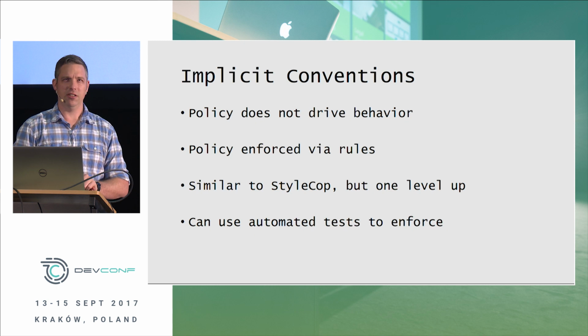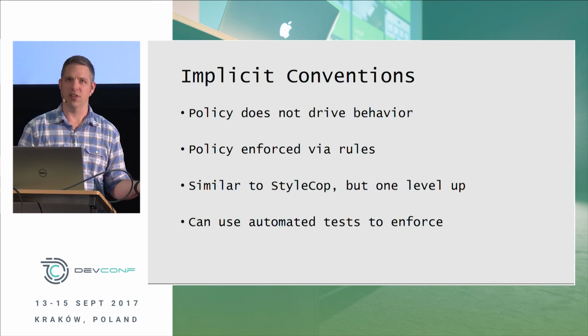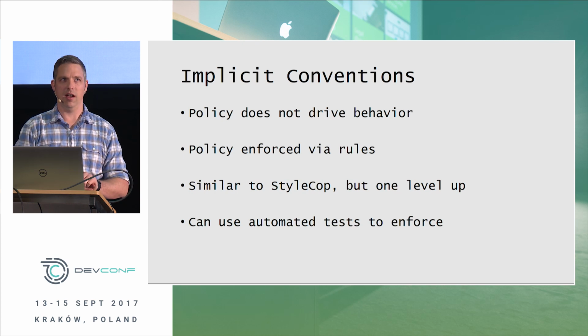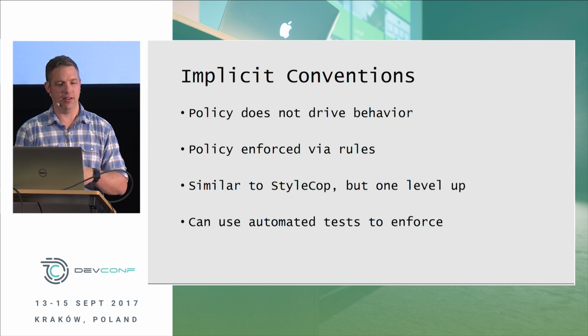Our implicit conventions are ones where the policy doesn't necessarily drive any sort of behavior in our system. The AutoMapper tool will enforce policies via how it maps, but there are sometimes where there's no actual behavior behind the scenes. Instead, we have policies enforced by just some rules that we check.